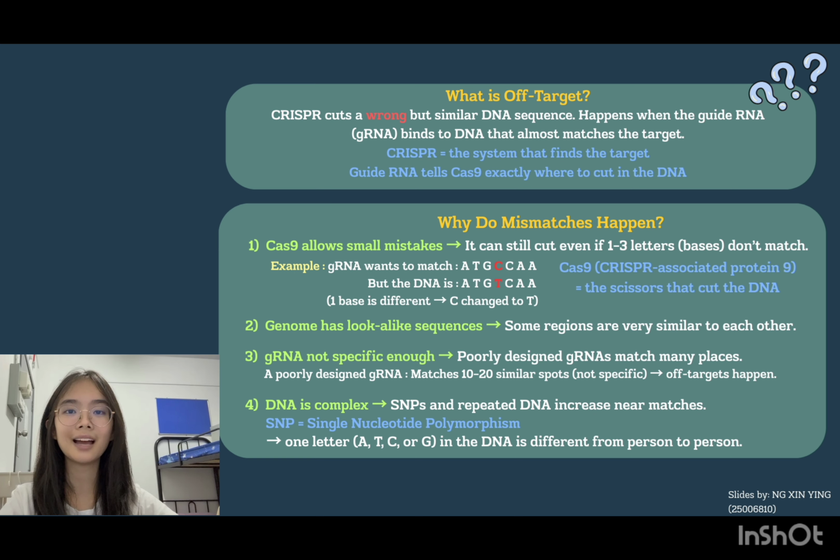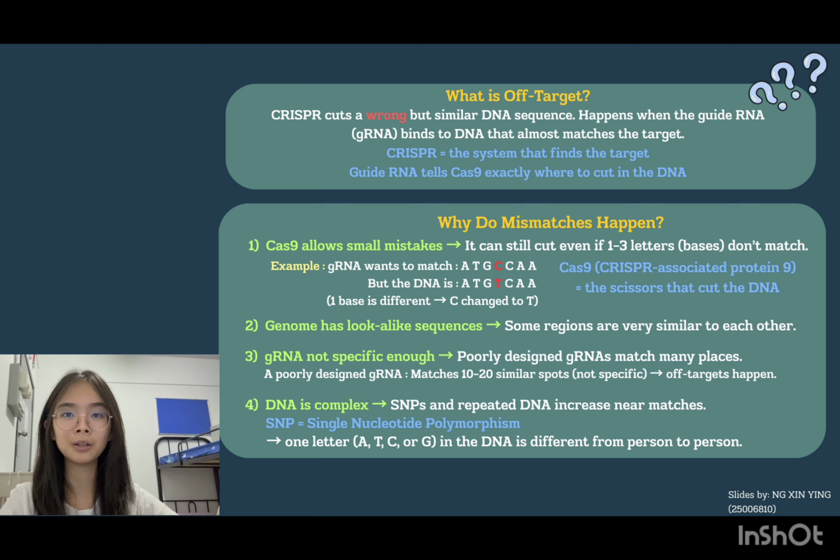First, Cas9 is somewhat flexible and may still cut even if 1 to 3 letters of the DNA code do not match the gRNA. Second, the human genome is so vast that look-alike sequences often appear by chance in different regions.